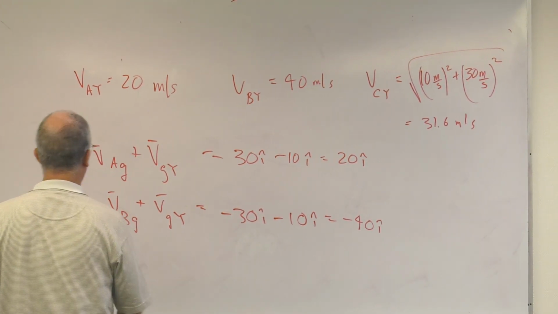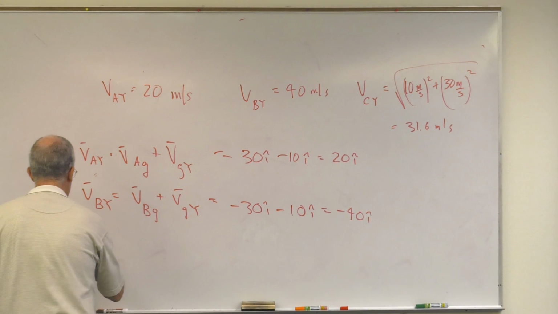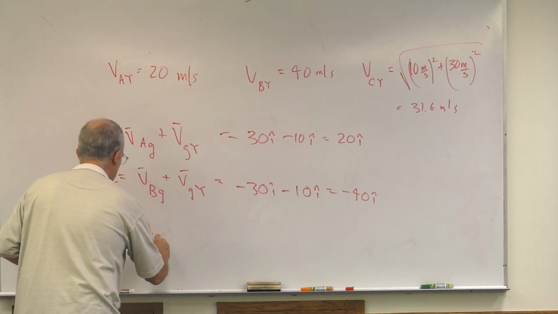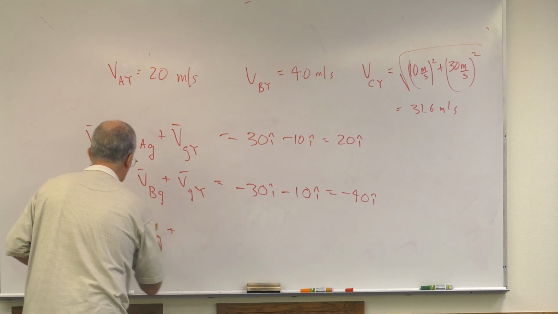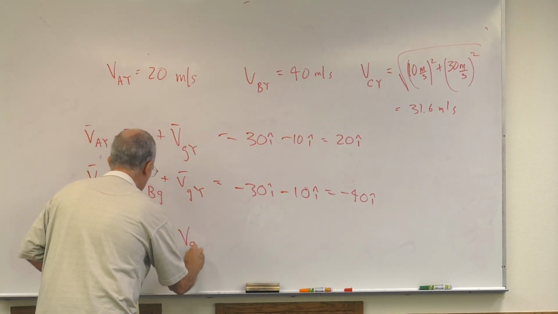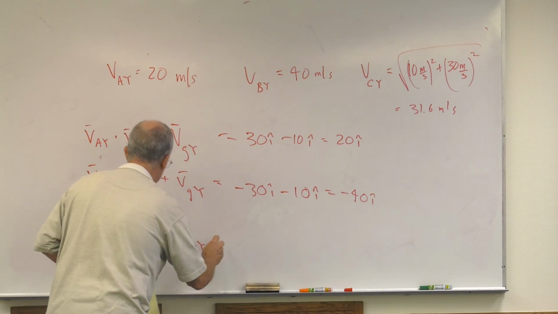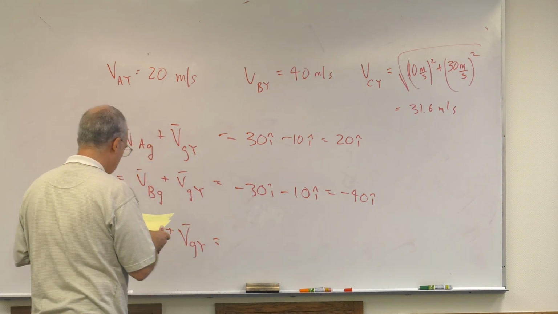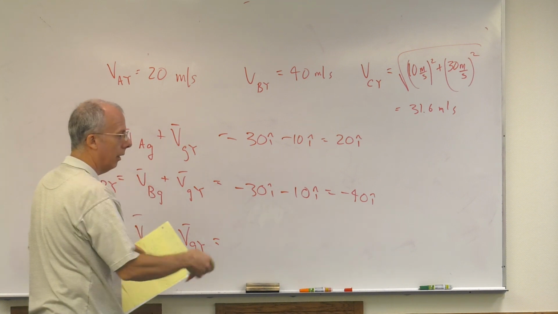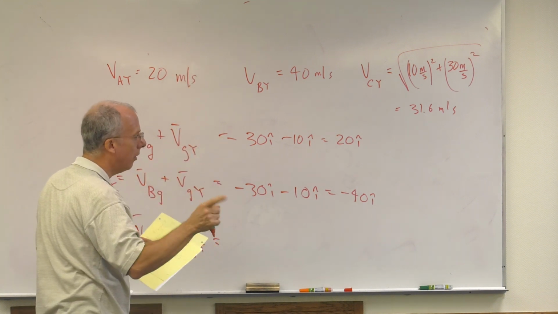Let's do the last one, the C. Okay, V_CU equals V_C ground plus, why do I keep doing that? Plus V_ground U, right? Okay, so let's see, what's V_C ground?